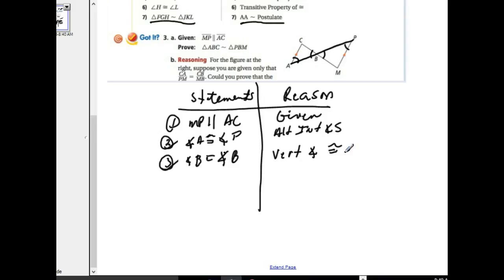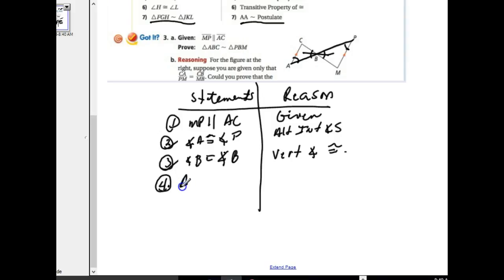So because of that, you can see here that I have two angles of one triangle matching two angles of another triangle. And they don't all have to be this way, you could prove it two other ways, side, side, side, and side, angle, side.